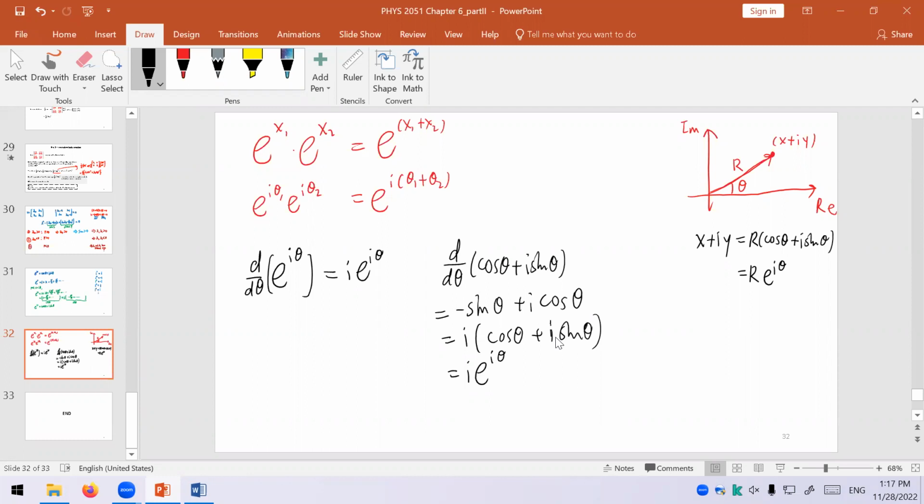But if you take it with the exponential, all you need to do is pull a factor of i down, and then at the end of the day, you can just take the real or imaginary part that you need.